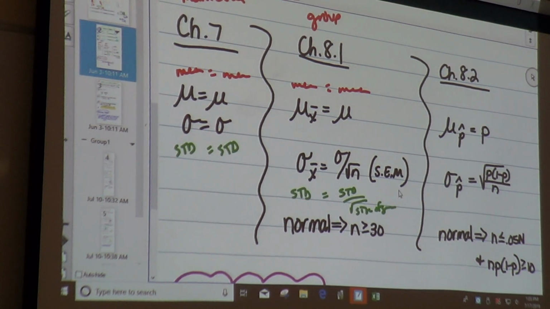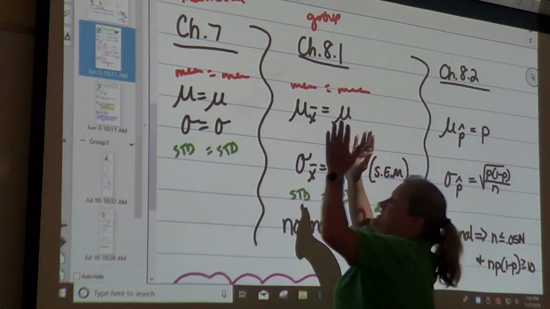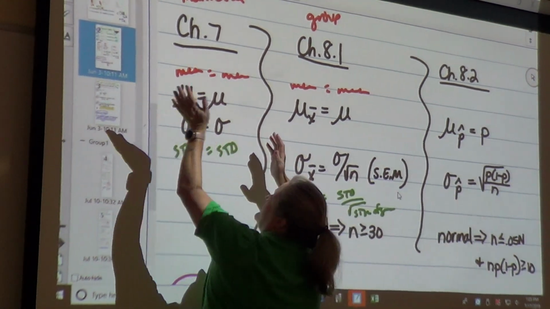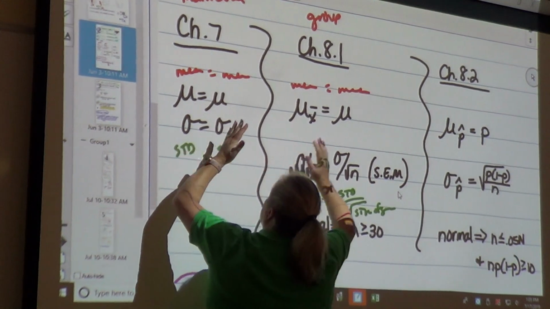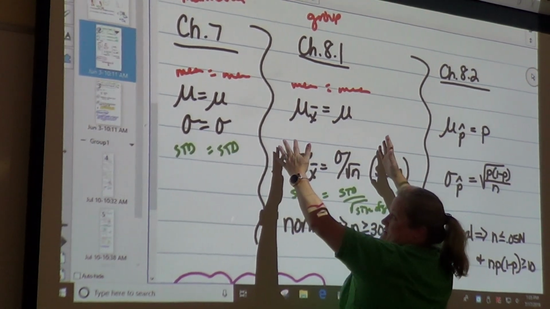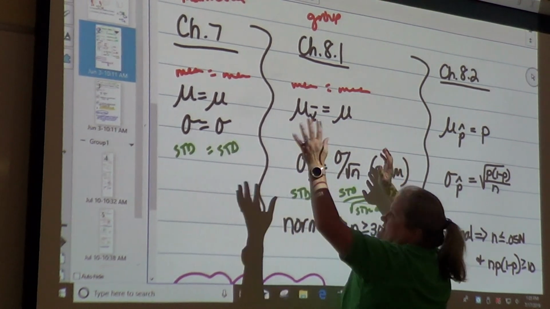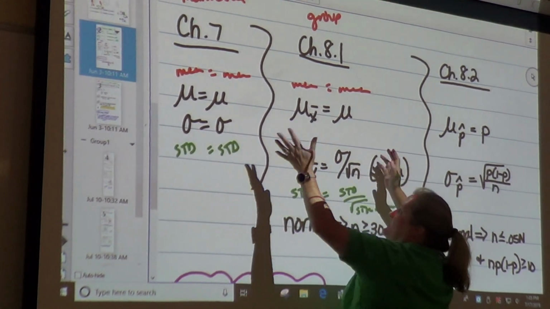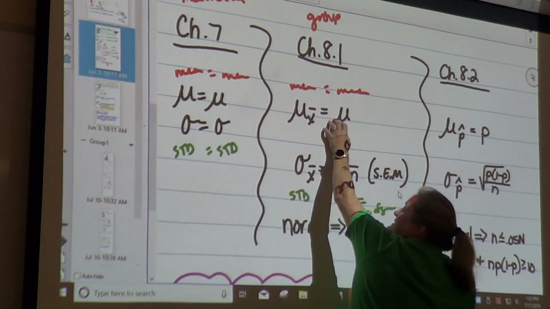All right, here's a reminder. These are the easy breezy problems. The mean is the mean, the standard deviation is the standard deviation. If it's talking about a sample size, a sample of 100, a sample of 36, a sample of 25, the mean is the mean.